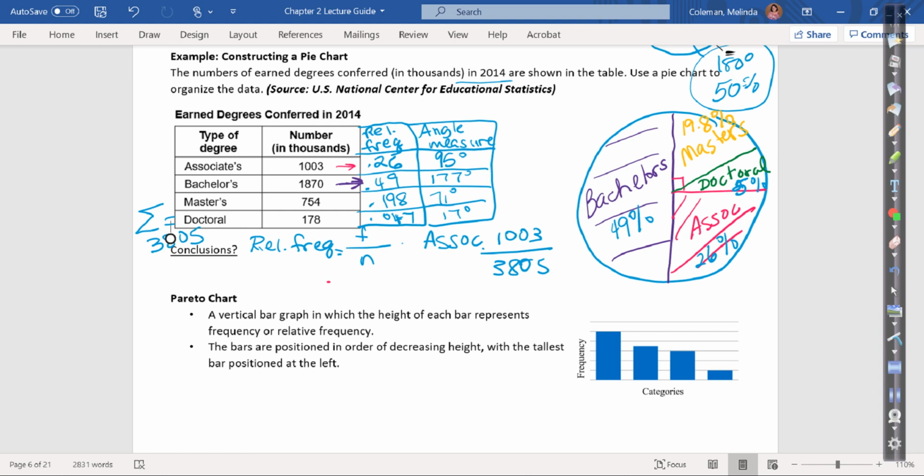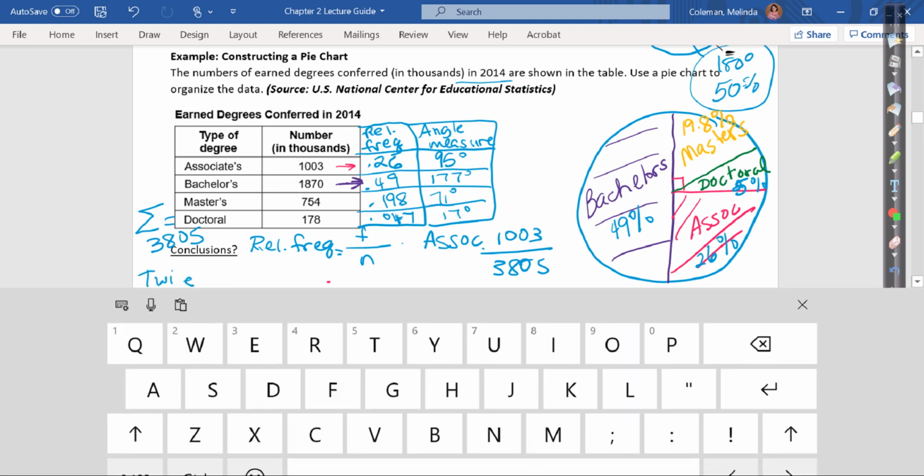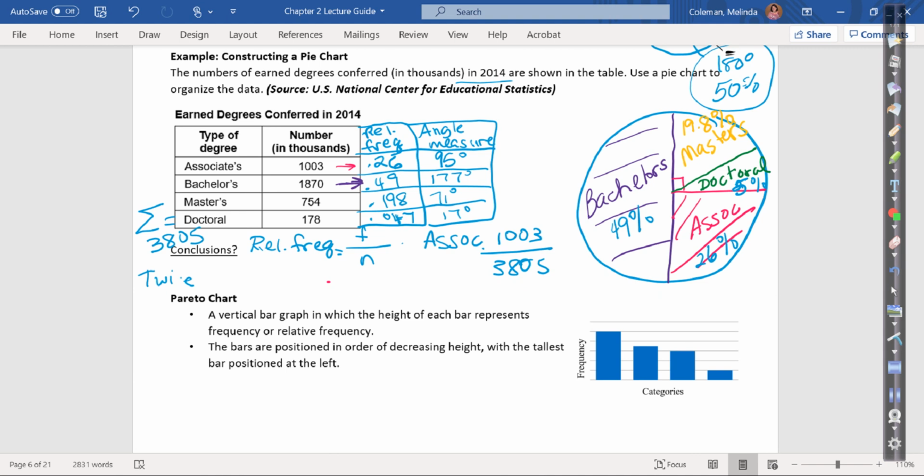So maybe we say twice as many received bachelor's degrees than master's and doctorates combined.